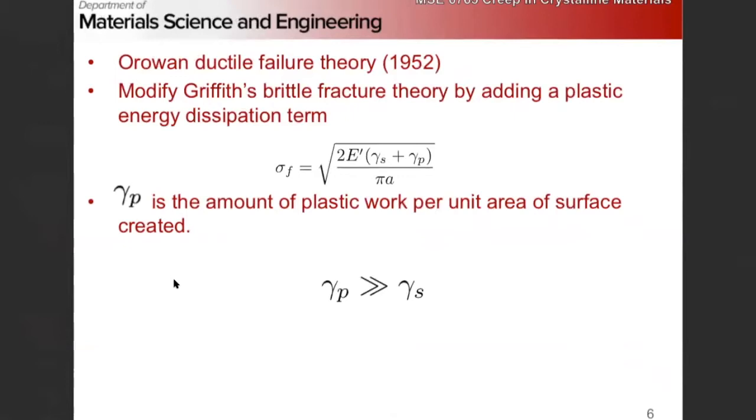And the assumption is that this is going to be significantly higher than the surface energy of the fracture surface.